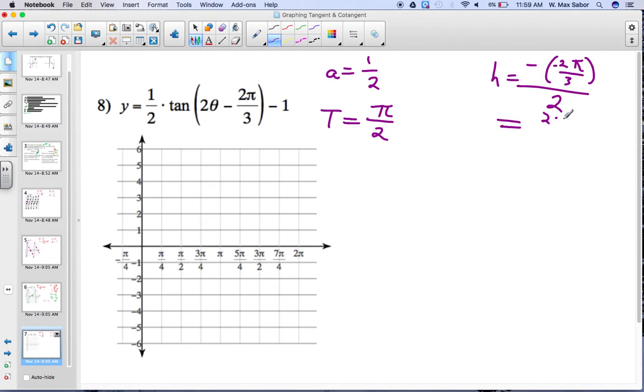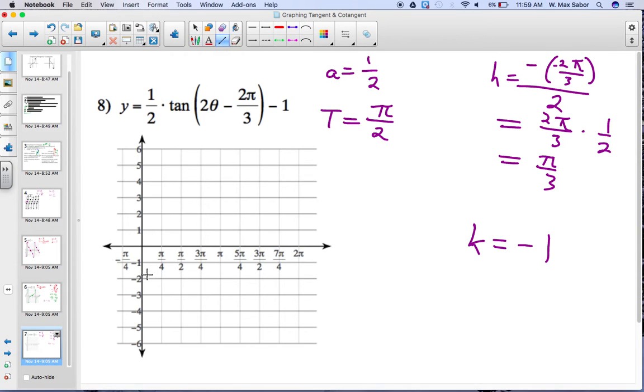So that's what? 2 pi over 3 divided by 2, or pi over 3. That'll work, and k is -1. So let's graph our equilibrium line at -1. Because this is tangent, we'll find our horizontal shift is an equilibrium point.